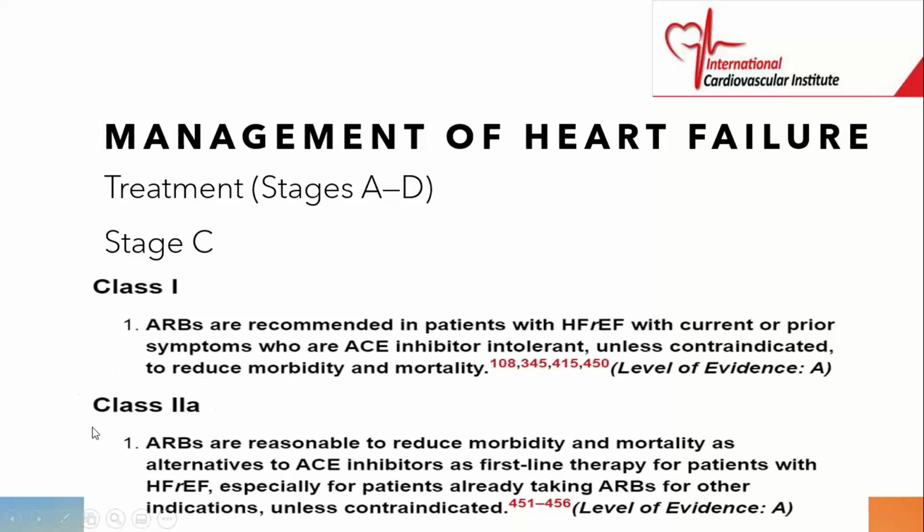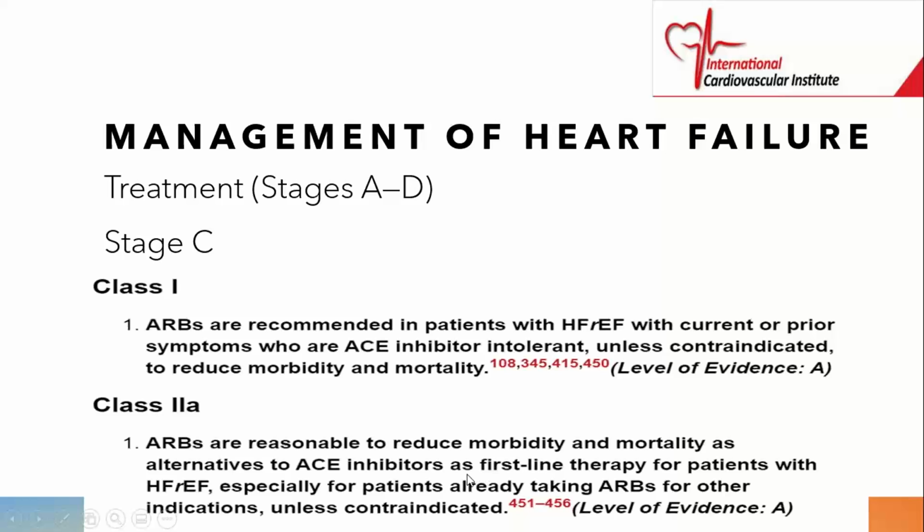They have a class 2 indication, however. So they get a class 2A indication where they reduce morbidity and mortality as well, as an alternative to ACE inhibitors as a first-line therapy. So if you didn't want to use the ACE inhibitor, you just go with the ARBs. It gets a class 2 indication in that situation.